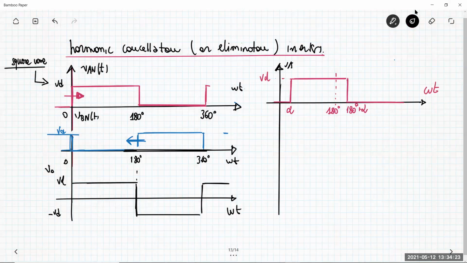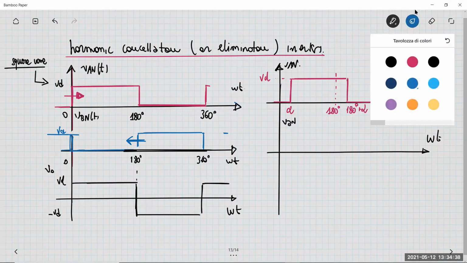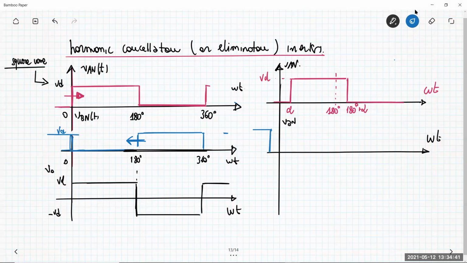This is VAN. Let's go with VBN. VBN is shifted toward the left, so we have something like this. Suppose that I shift with the same angle, which is alpha. So we have negative alpha here, and we have 180 minus alpha here.